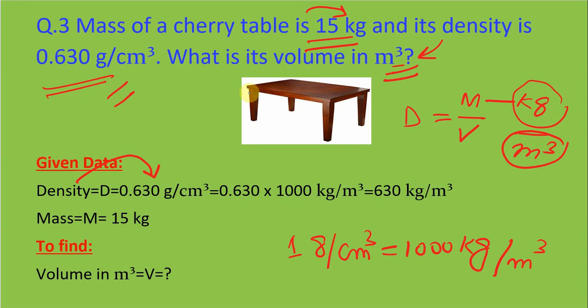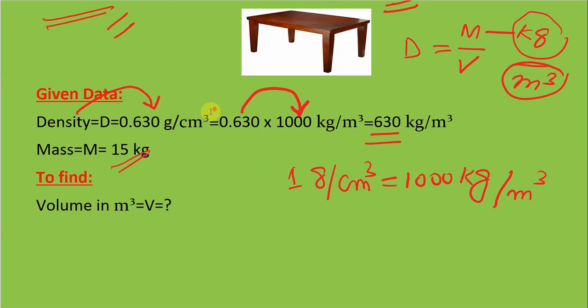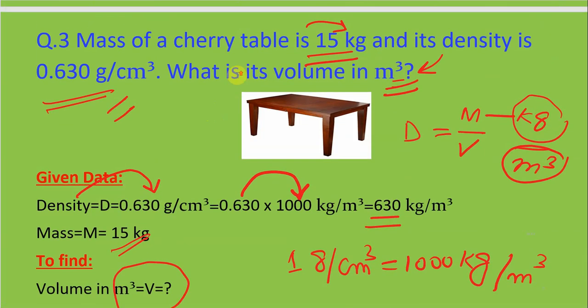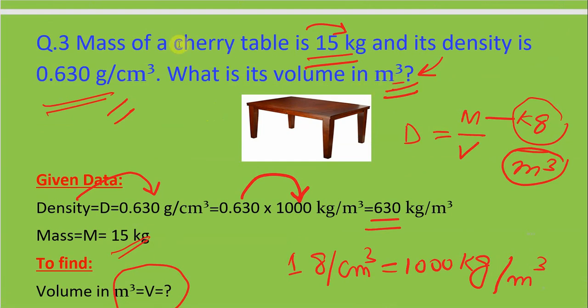So to convert gram per cubic centimeter to kilogram per meter cube, you have to multiply it by 1000. And when you multiply, you will get 630 kilogram per meter cube. We already know the mass, which is 15 kg. So now we have to find out the volume in this question. If you see, they are asking the volume. What is the volume in meter cube?